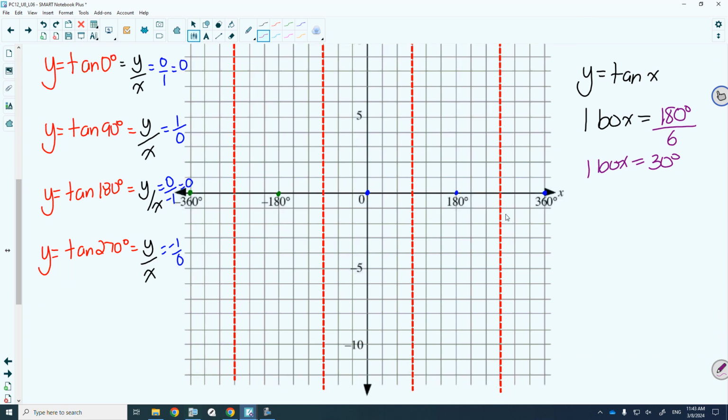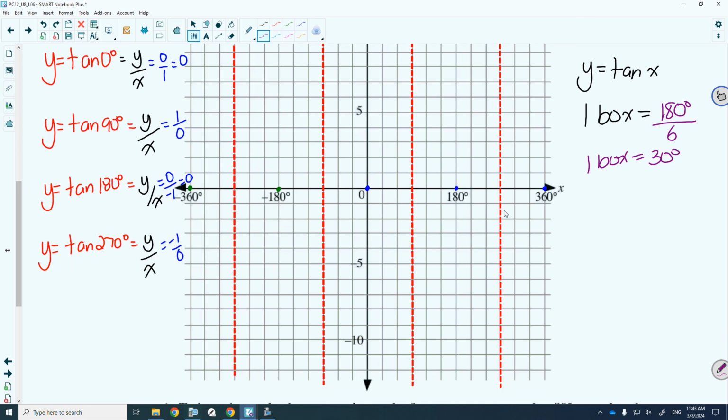So this is what a tan graph will look like, very different from a sine graph or a cos graph.